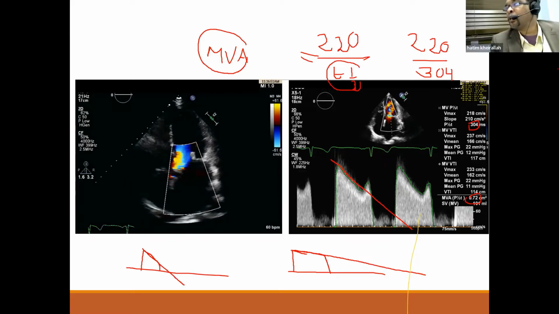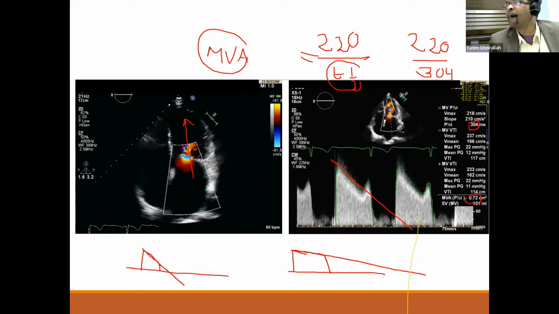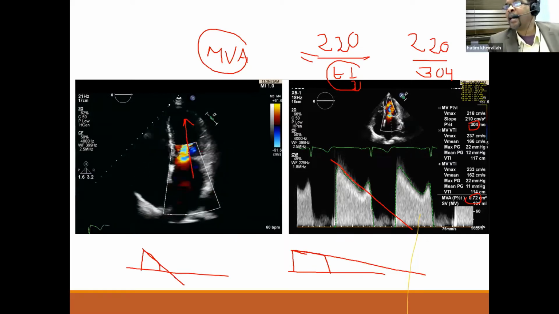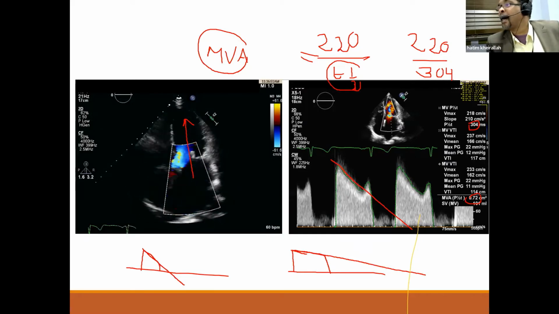Also, the flow from the left atrium to the LV is affected a lot by the dynamics of the receiving chamber. If I have, for example, grade 3-4 diastolic dysfunction, which has nothing to do with the mitral stenosis, that is going to shorten the pressure half time.